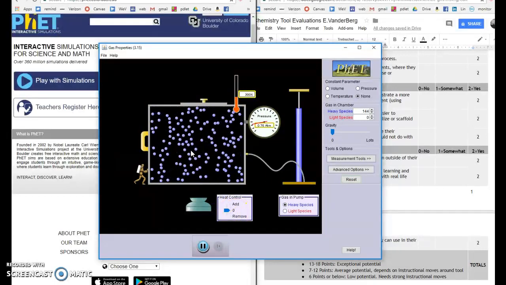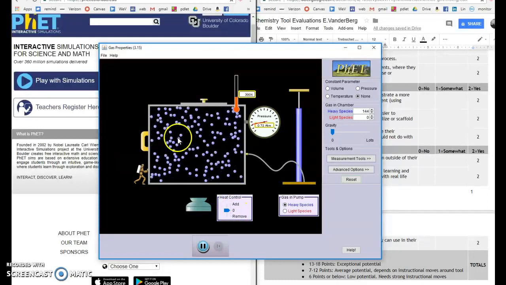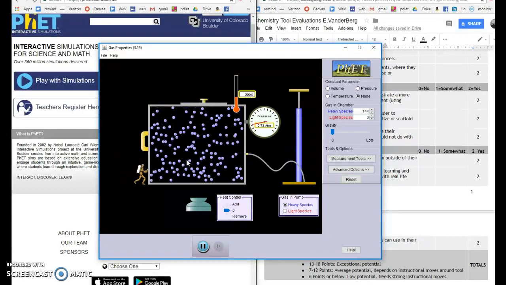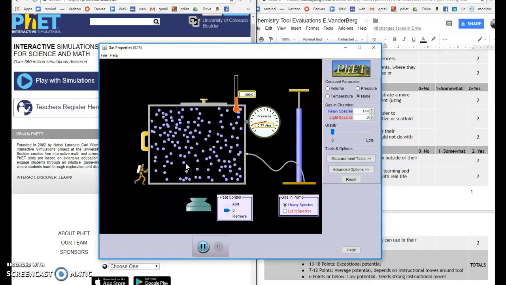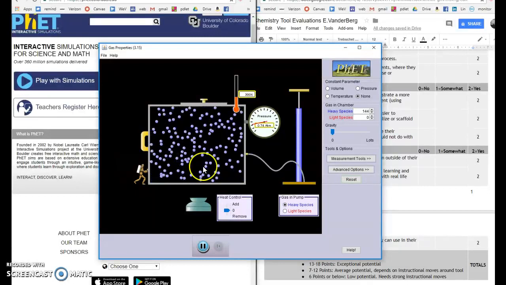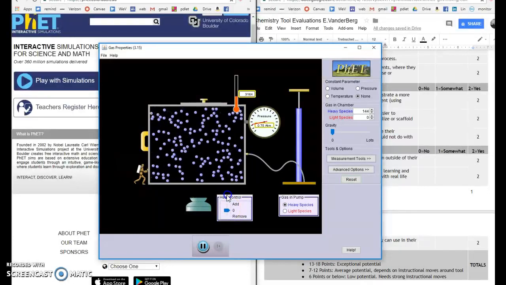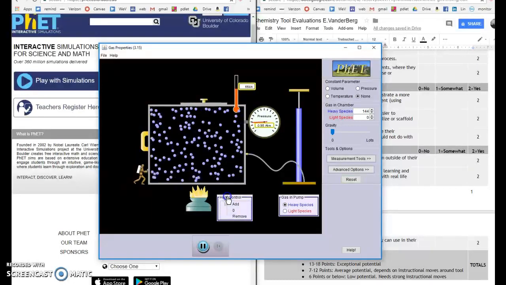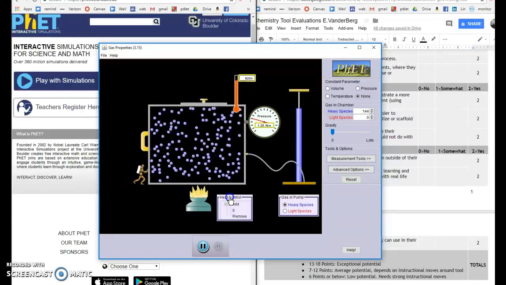And this simulation actually makes it easier to understand sophisticated concepts like kinetic theory of gases. How when you heat a gas, you add kinetic energy and the temperature goes up.